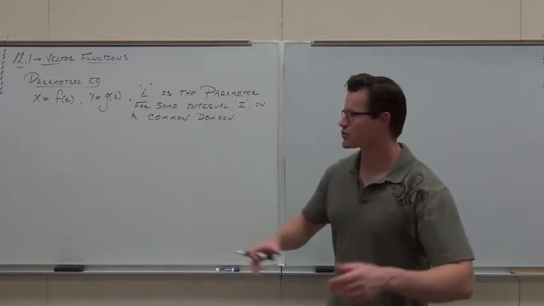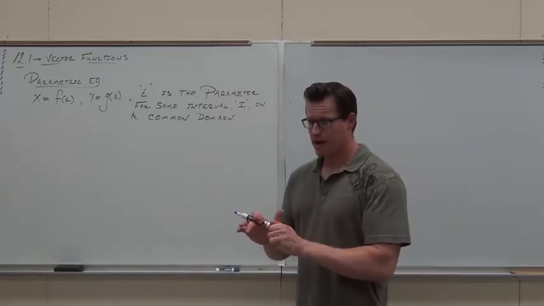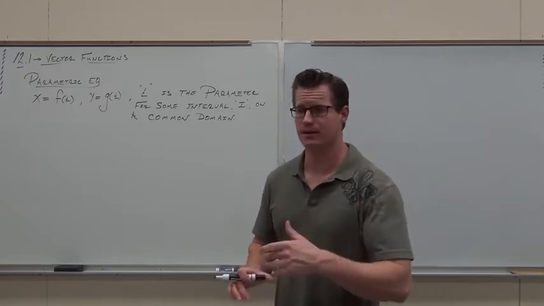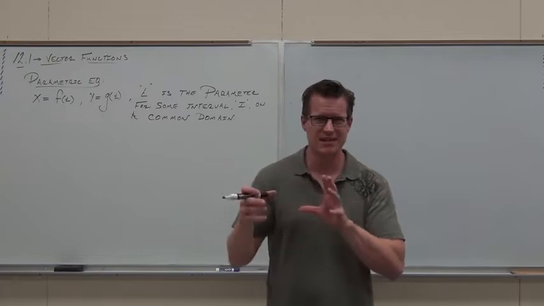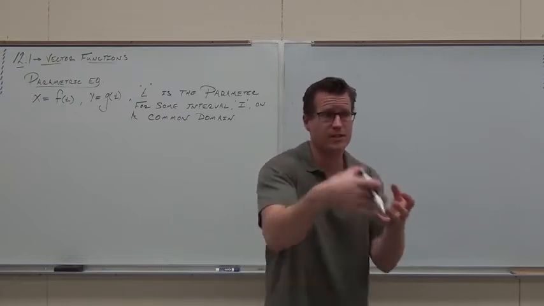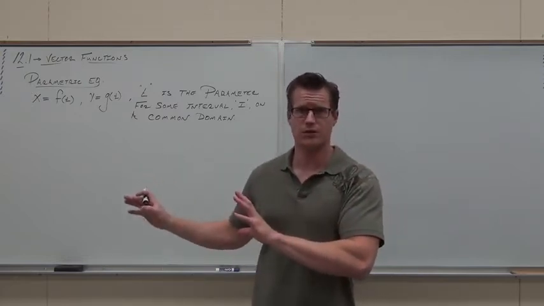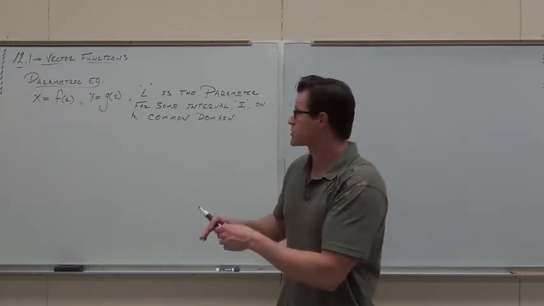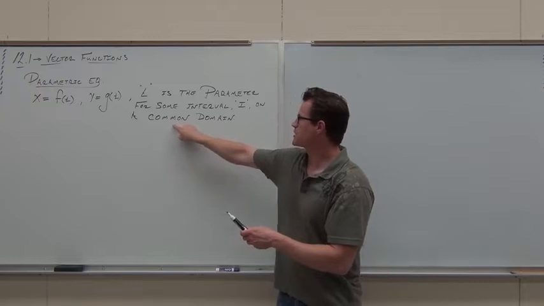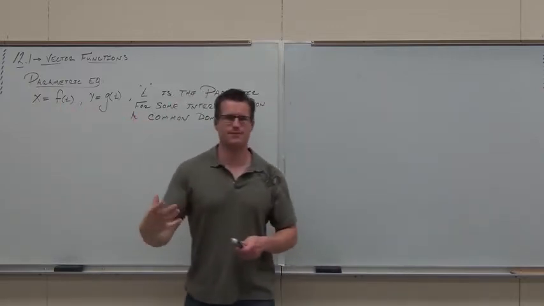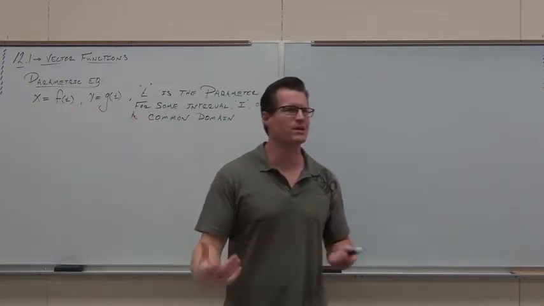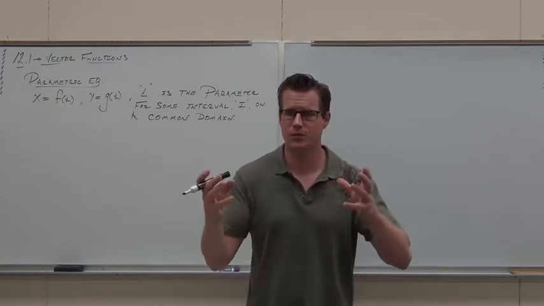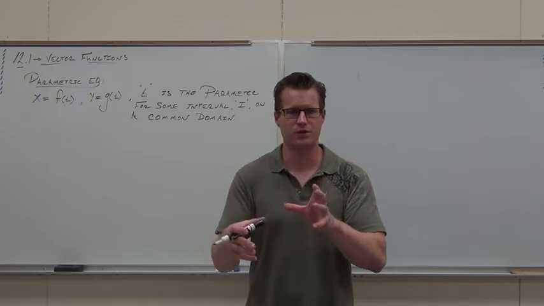If you want like the English translation of this, it says, hey, you know what? X and y are now no longer independent variables. Either one, they're both dependent. They depend on t. This t is the only variable that you can plug stuff in on the board right now. So it's called the parameter, and it's going to work for a certain interval so that both of these functions are defined. That's what that common domain means. It means that we got this interval of t for which these t's both work in both of our functions right now. Show of hands, feel okay with that?